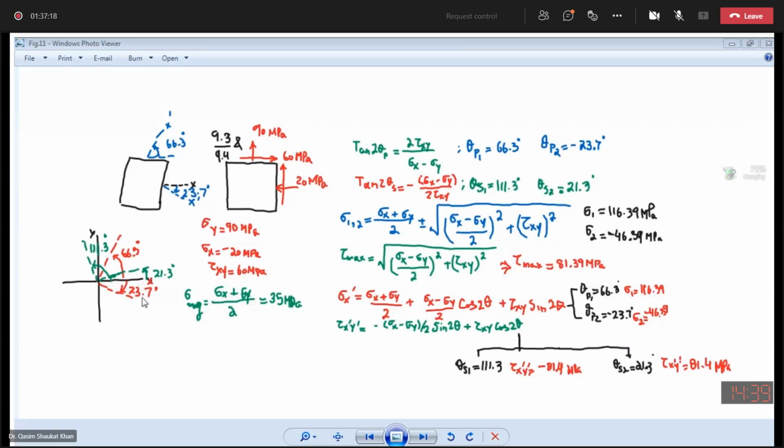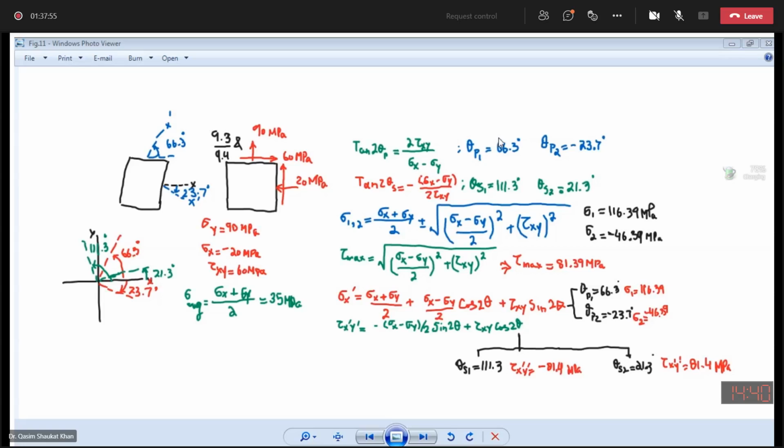If you see this figure, this red color is your orientation of the principal planes, 23.7 and 66.3. These green lines are your orientation of the shear planes, 21.3 and 111.3. There are a few things which we need to check here. We have said that the difference between theta P1 and theta P2 is 90 degrees. The difference between theta S1 and theta S2 is 90 degrees. The difference between theta P1 and theta S1 should be 45 degrees.